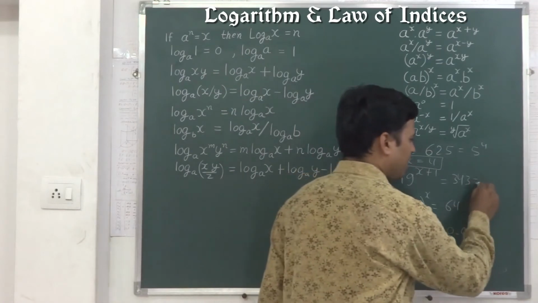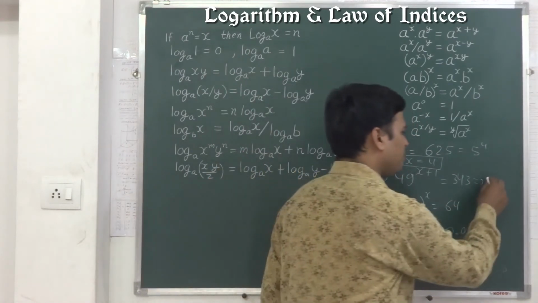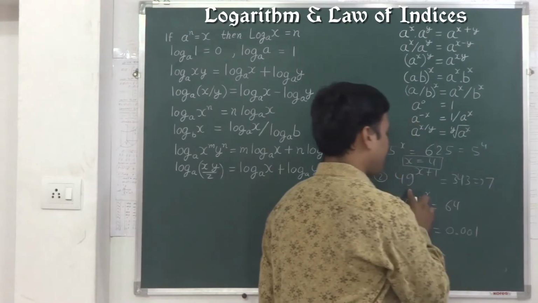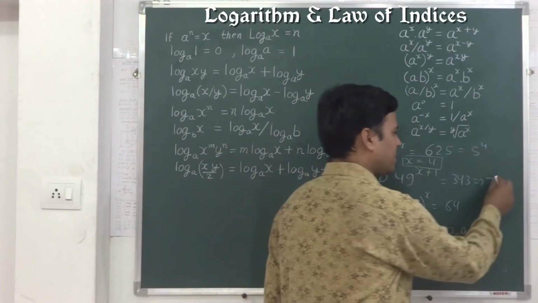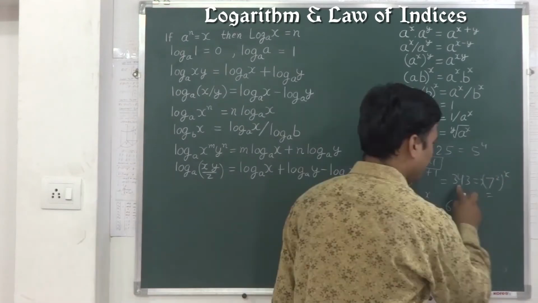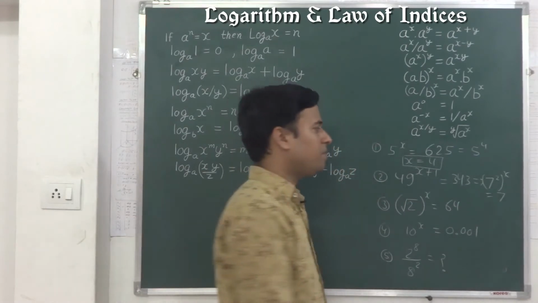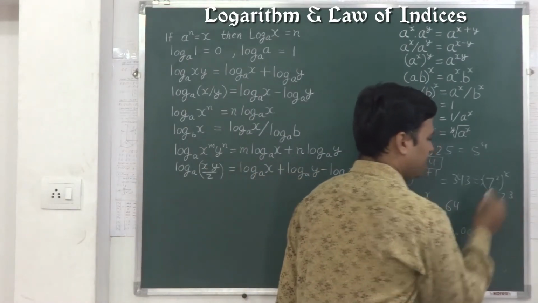Using previous knowledge of mathematics, 49 is 7 power 2, so we get 7 power 2 whole power x, and 343 is 7 power 3.